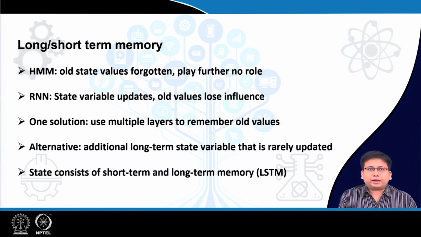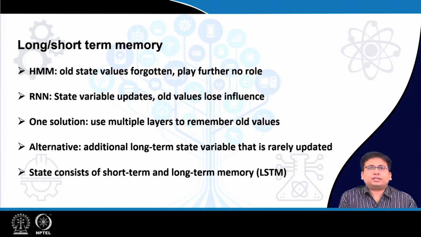Doing that might be a way to remember the old values. That is, we are increasing the memory of the network by adding different memory cards or RAMs, if you want to imagine it that way, and all the different memory cards are stacked with each other so that we have more memory.